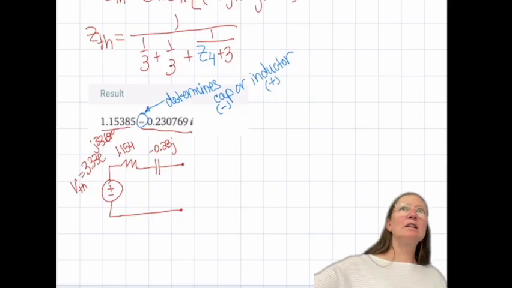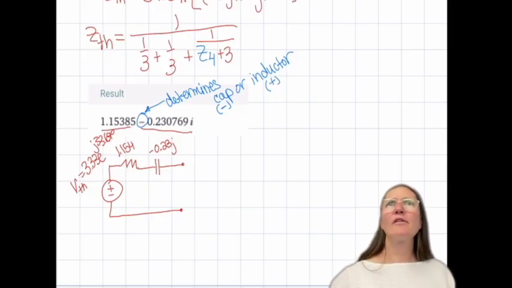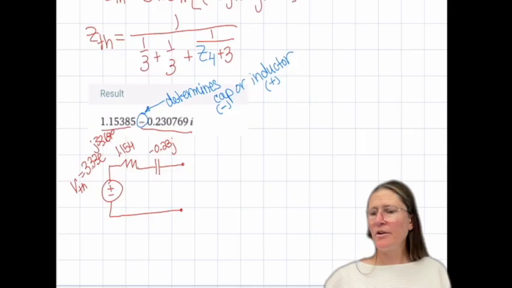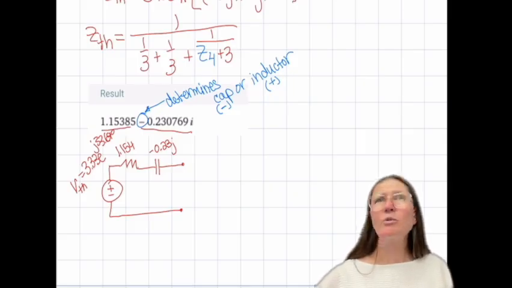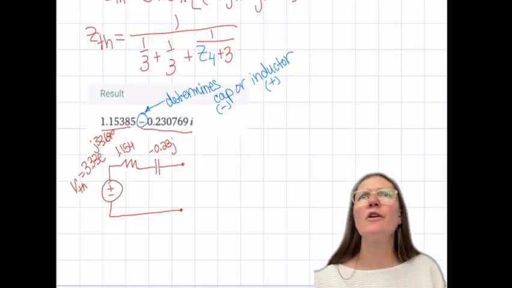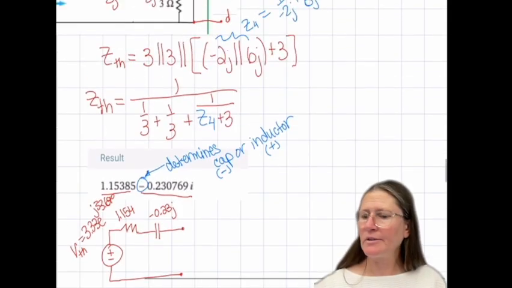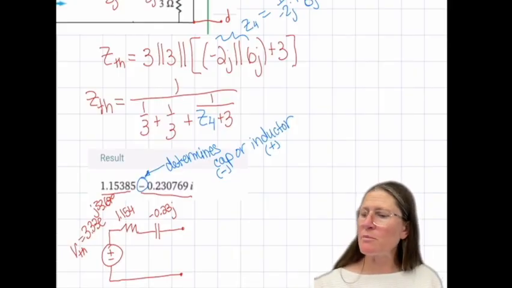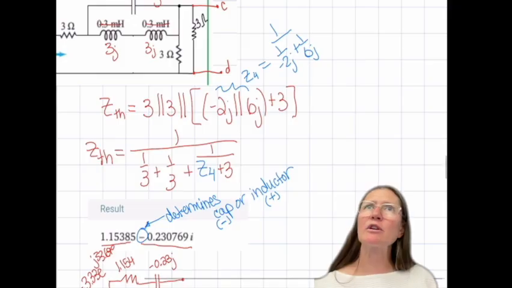All right, any questions? Yes. In where? The I is the j. So I did 1/3 plus 1/3, and then my Z4 is where my j's are.